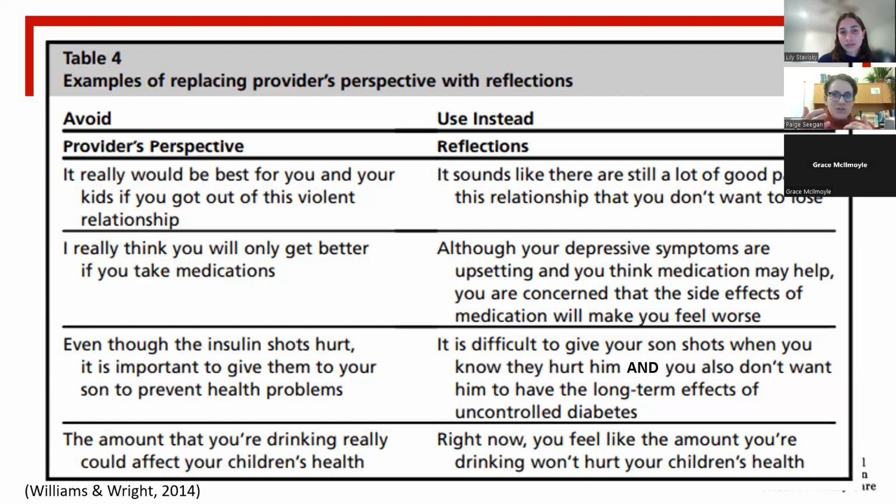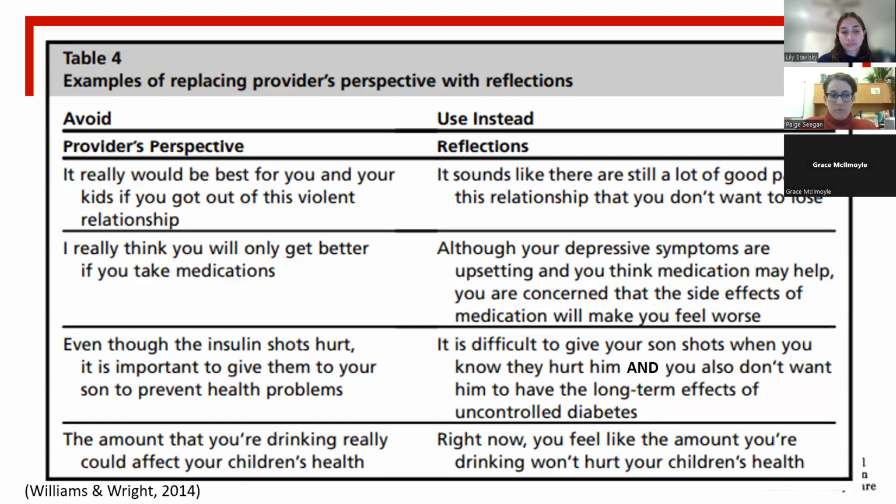So I tend to use and instead of but, because these things are both true. It is really difficult for that person to give their son the shots, and they really don't want those long-term effects from uncontrolled diabetes. Both of those things can exist in the same space and time.